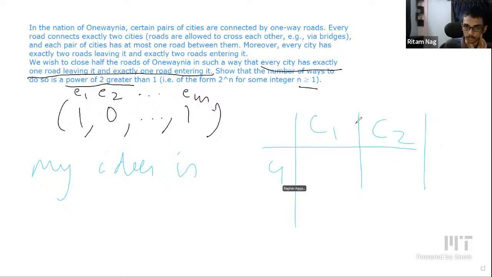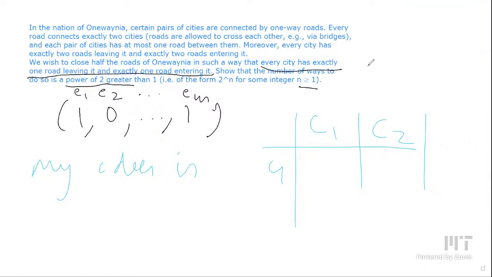What are these C1 cities? These are cities. Oh, okay. Yeah, I think that if we divide the set of cities into two and we split it across rows and columns and make such tables.